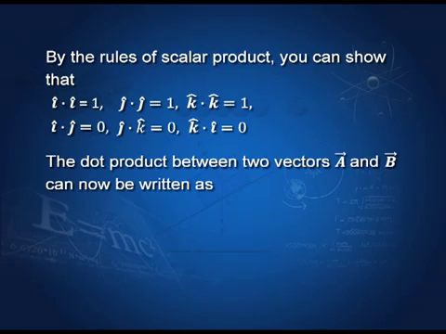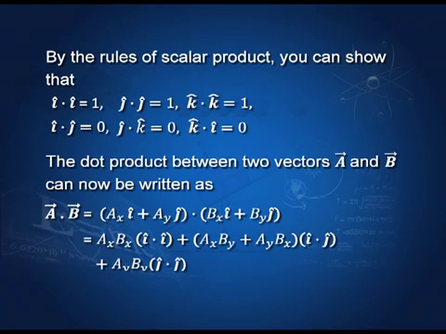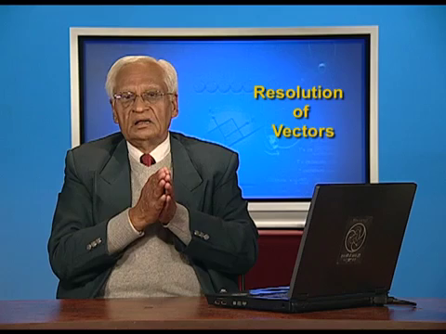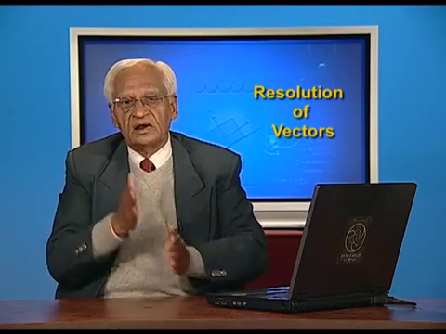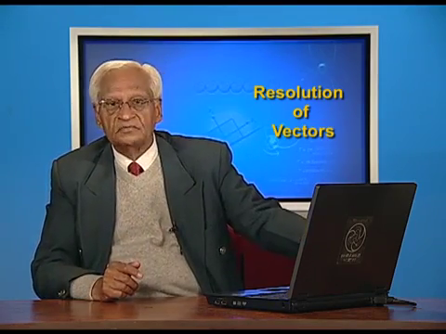And the dot product between two vectors A and B can be written as vector A dot vector B is equal to, again we write them into their components, Ax i cap plus Ay j cap into Bx i cap plus By j cap, and we can multiply using these, that i cap dot i cap is equal to 1, etc. We can get the result Ax Bx plus Ay By. Since a dot b is a scalar, we only get the product.